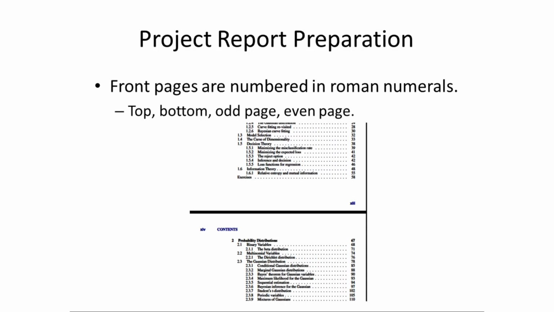This graphic shows you that even pages are numbered at the top and odd pages are numbered at the bottom. But what we have to grasp from this is that front pages are normally numbered in Roman numerals. We will have a standard numbering format. They will be bottom centered.